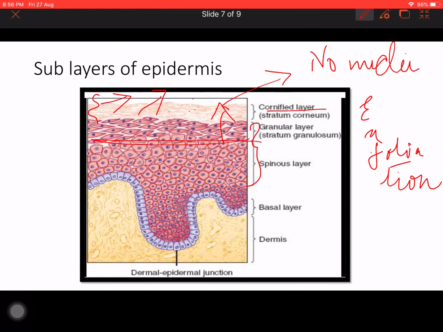Then comes the germinative, or the Malpighian, inner layer. The Malpighian layer divides to produce new cells, and the old, worn out cells are replaced by new cells from this part. This is the deepest epidermal layer, and it contains melanin.